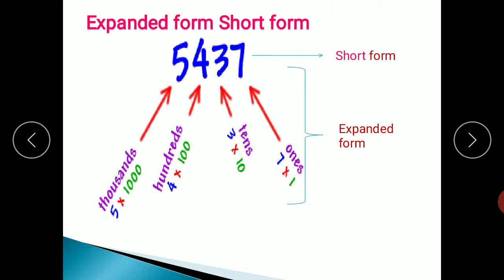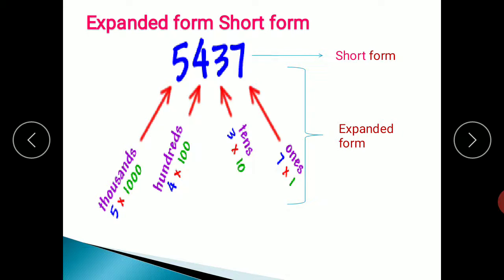Expanded form and short form. So what is short form? Let us see a number which is written in a normal way. Here see 5437. It is a 4-digit number. It is written here 5437. How can we read? 5437. It is the short form. Now we are going to expand it. 7 is in the ones place, so that is 7 into 1 is 7.